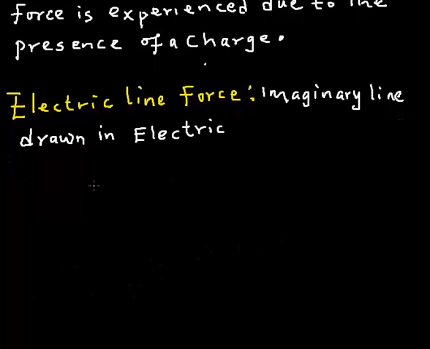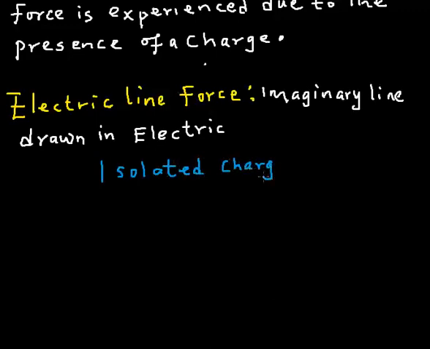For example, I'm going to give you a typical example. We are going to look at lines for isolated charges. Isolated charges are electric charges that are on their own, not close to any other charge.